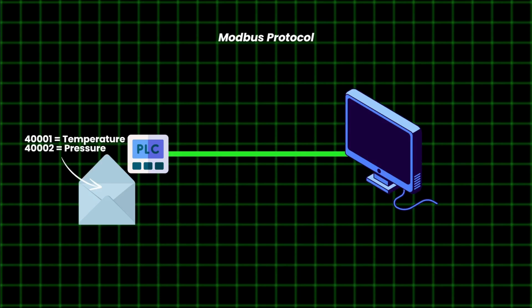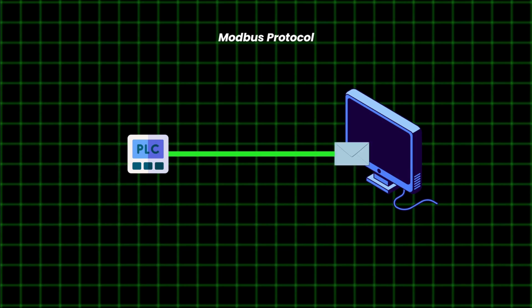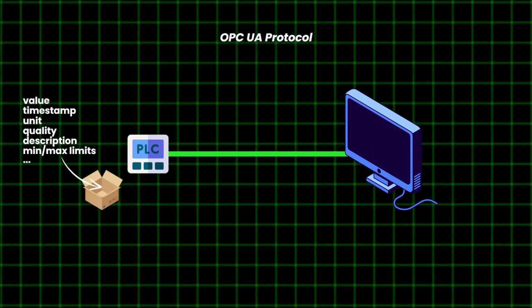In this brief comparison with the Modbus protocol, you can see that this protocol only allows for the transmission of digestible and simple information. For example, the temperature and pressure in a tank, which are tangible and measurable data. With OPC UA, we can send much more information, as you can see here.